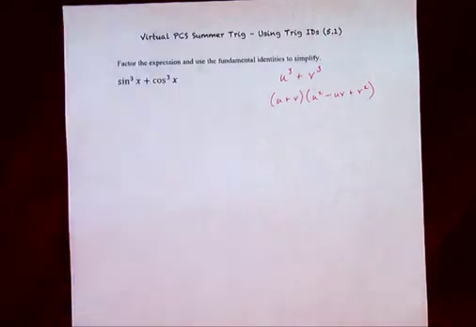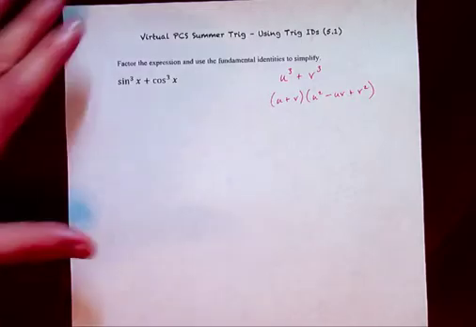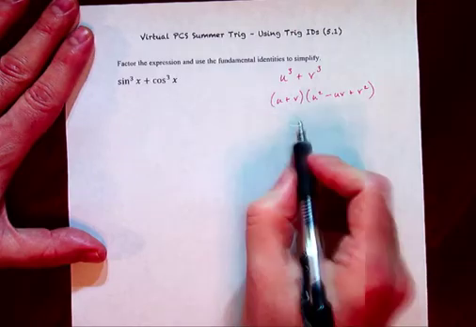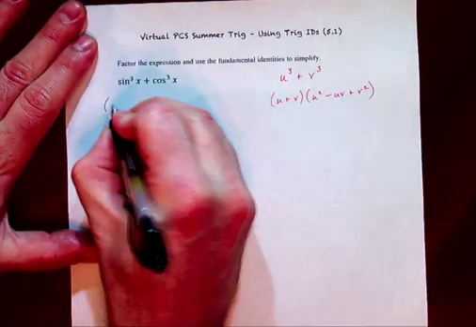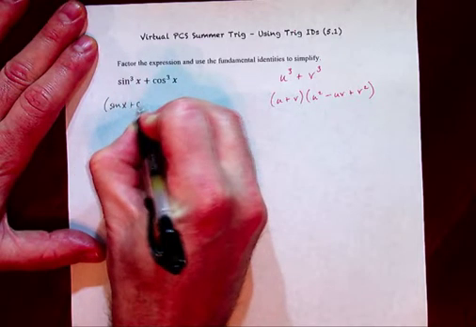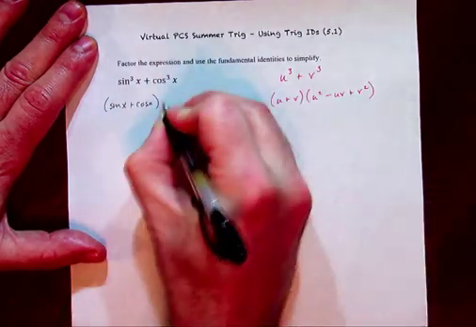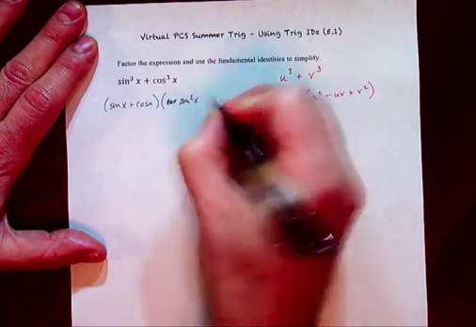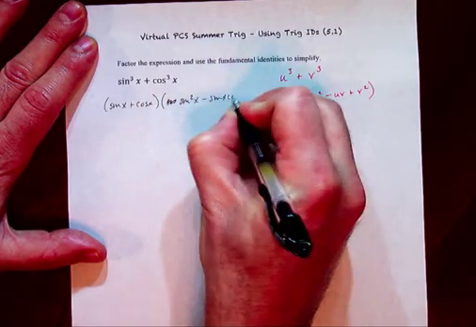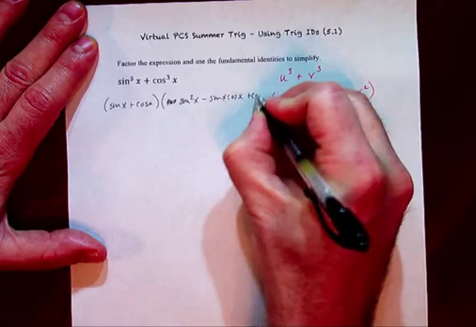Okay, and there you go. Well, that's kind of neat. Okay, let's go ahead and use this form, and u, of course, is my sine, and v is my cosine, and I'm going to get sine x plus cosine x, and sine squared x minus sine x cosine x plus cosine squared x.